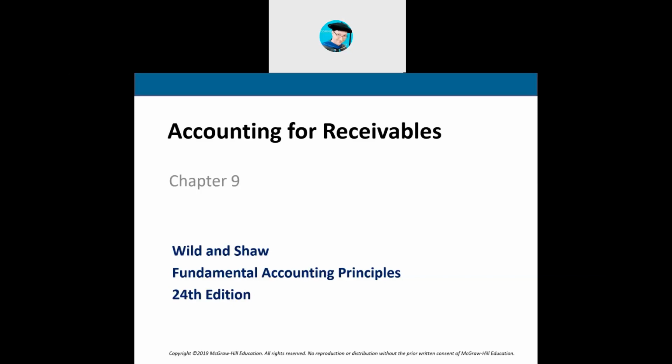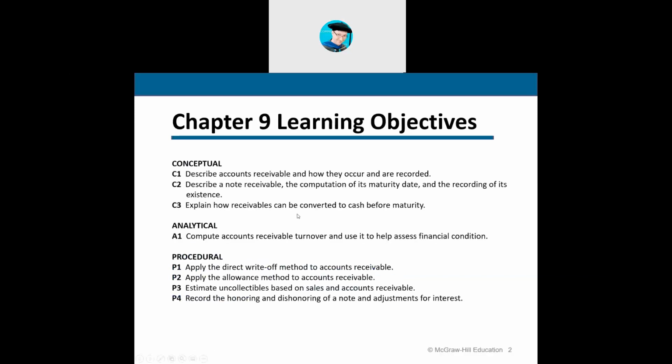And that is the concept of a notes receivable: they'll convert their accounts receivable to a notes receivable, attach interest, and then later collect. That's one form of notes receivable. Another form of a note is from a loan, and we'll talk more about these things. But those are the two primary types of receivables.